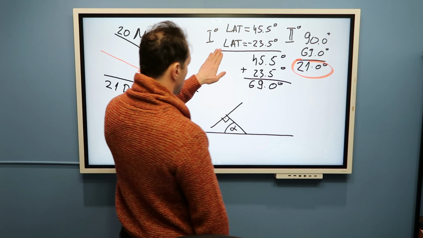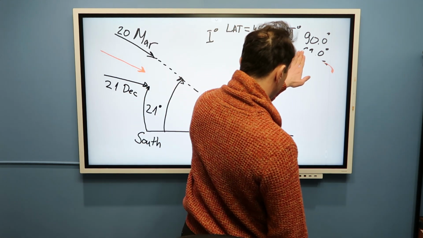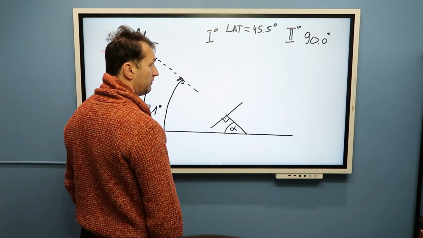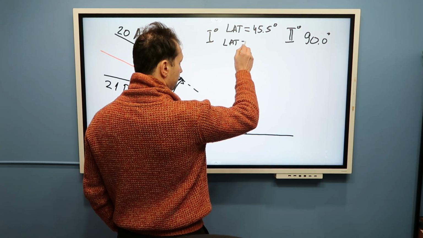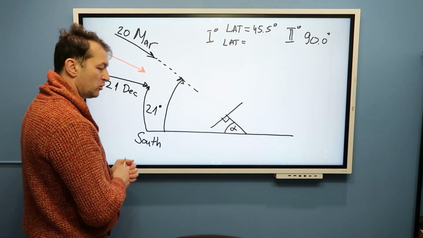So in step number 1, we will have the same latitude of the solar panel, 45.5 degrees, but what is the latitude where the sun is directly overhead on 20 March?